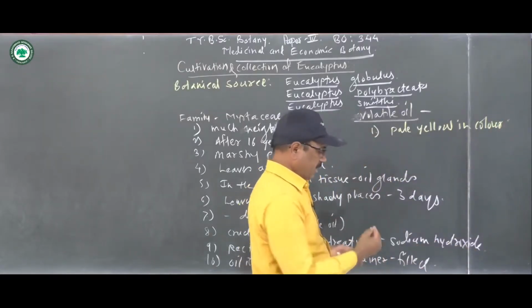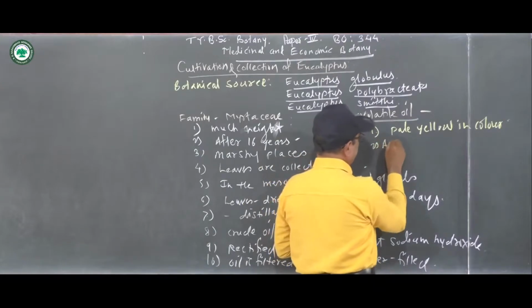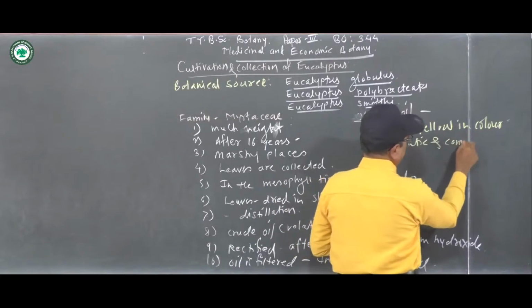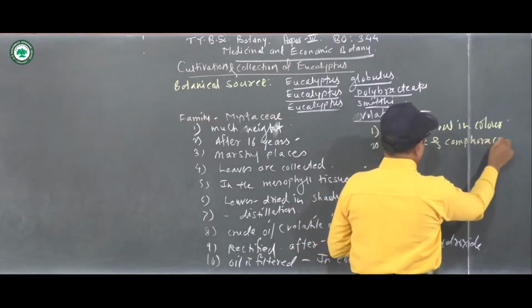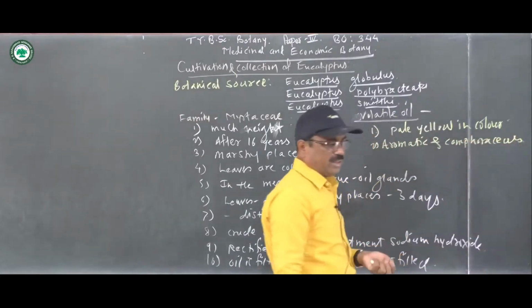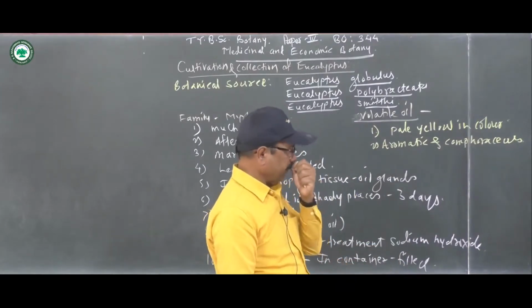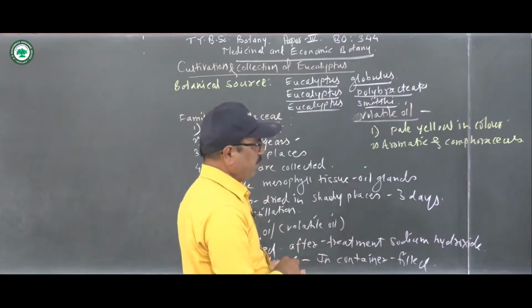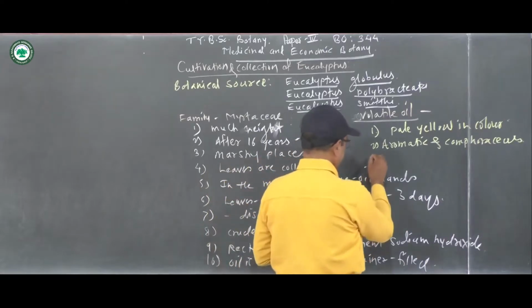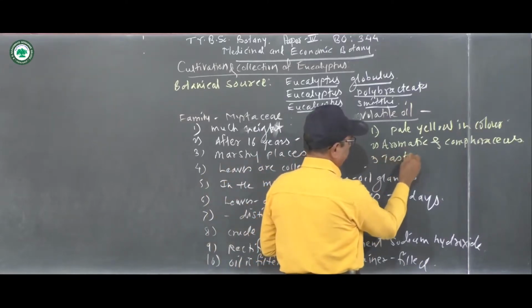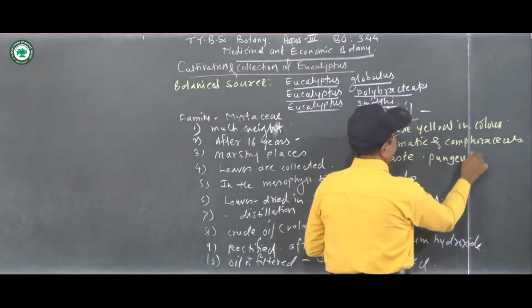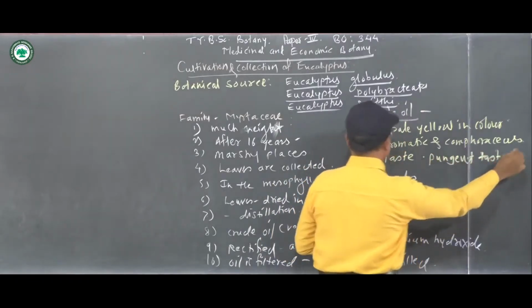Then this oil is very aromatic and camphoraceous. It has a pleasant smell or odor, and thus it has an aromatic and camphoraceous odor. And if we see the taste, that oil has a pungent taste.